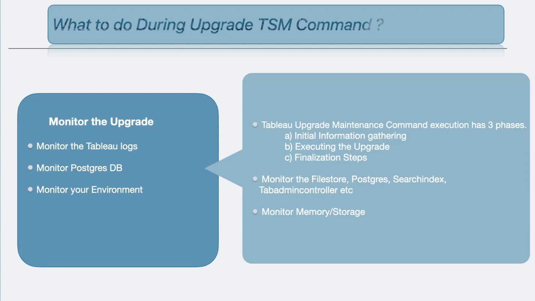Okay, so coming back to the upgrade stuff, the maintenance command. Usually you don't see anything when you run the install RPM command, because that's pretty straightforward. Most of the time, even if it fails, you have the option to retry, and it fails with dependencies or a few OS related things.